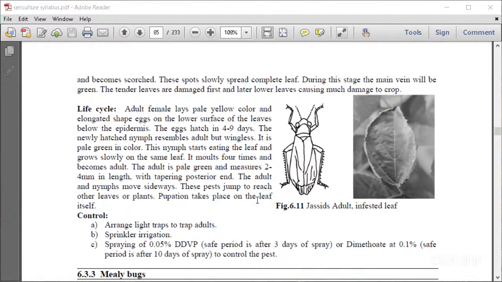The next one is mealybugs. This insect is Maconellicoccus hirsutus, which belongs to Hemiptera and is the vector of the virus disease, that is Tukra disease of mulberry, considered to be caused by a virus for which the mealybug is the main vector.